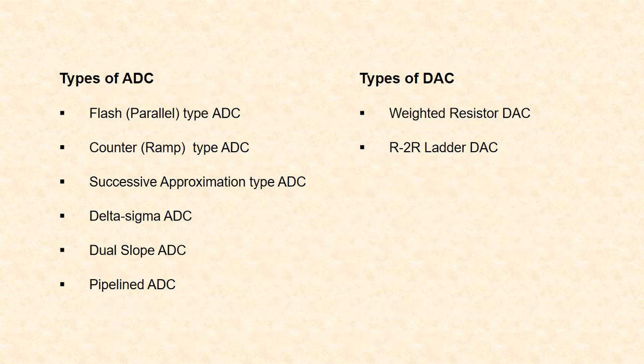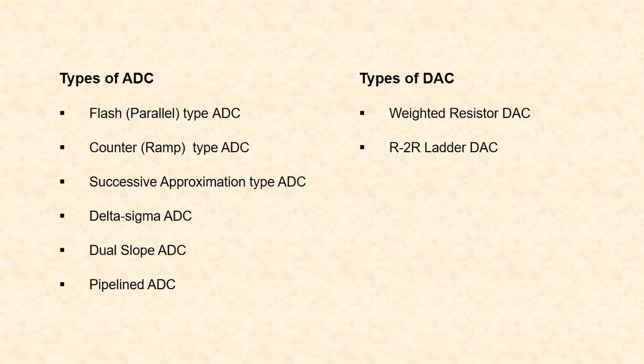Now let us see the different types of analog to digital converter and digital to analog converters. We have 6 types of analog to digital converters. First, flash or parallel type ADC. Second one, counter or ramp type ADC. Next, successive approximation type ADC.